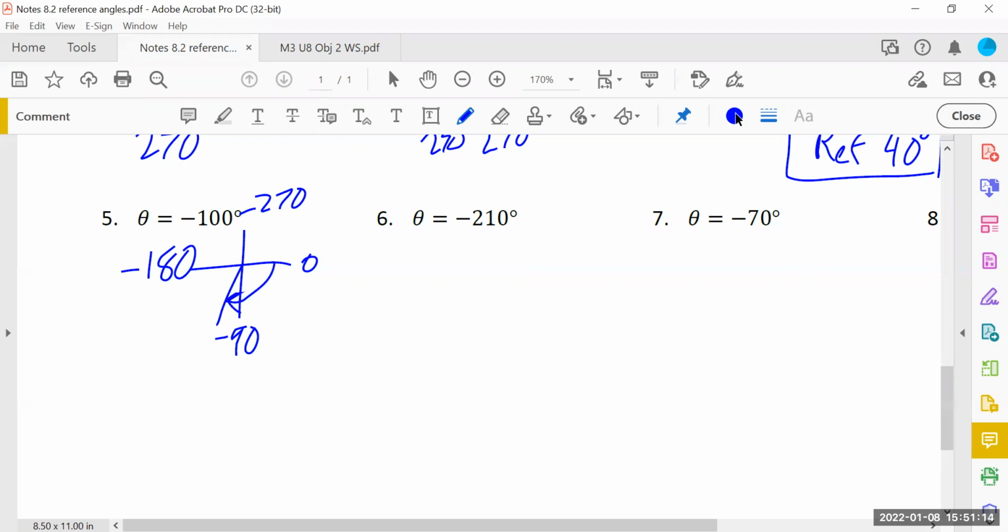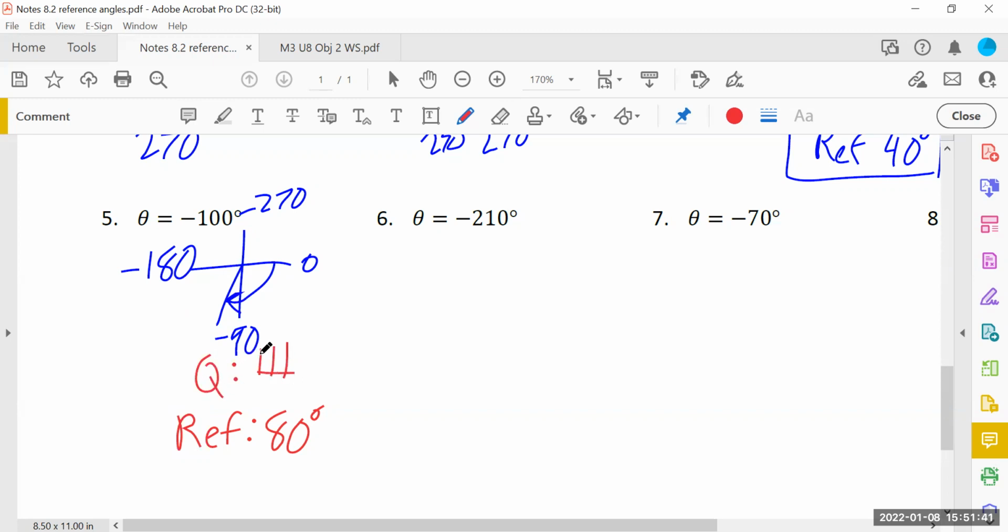My reference angle is how far I need to go to get to the x-axis, right there. That distance from negative 100 to negative 180 is 80 degrees. The reference angle is always positive. So 80 degrees, and I'm in quadrant 1, 2, 3. The quadrants don't change when you're talking about negatives and positives. This down here is still quadrant III.